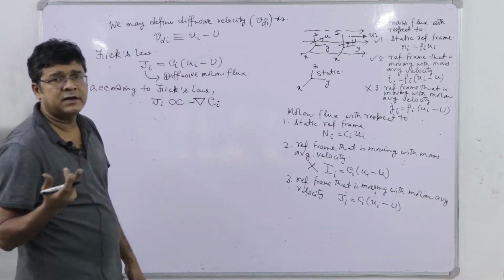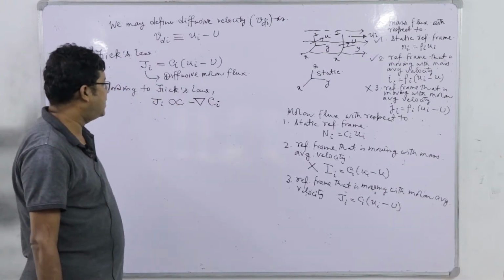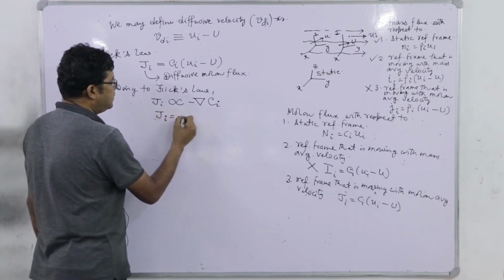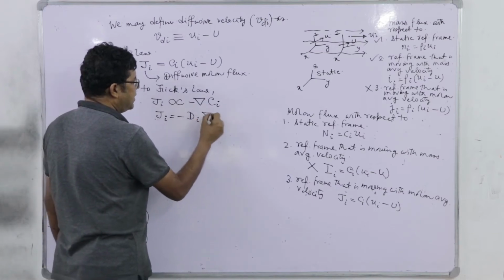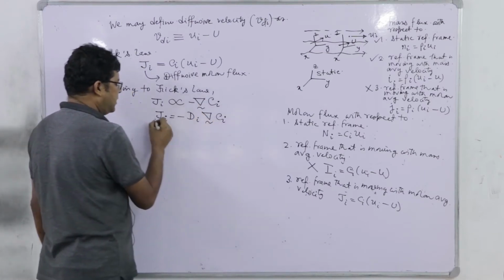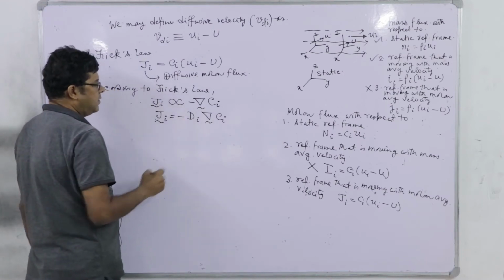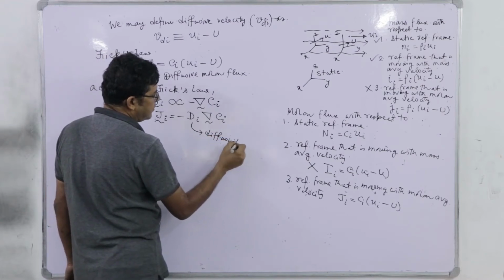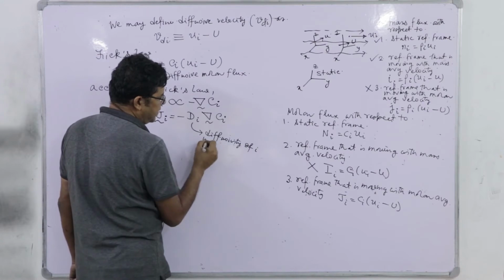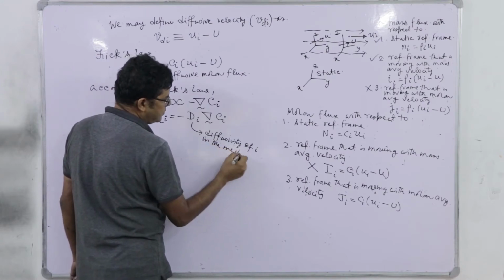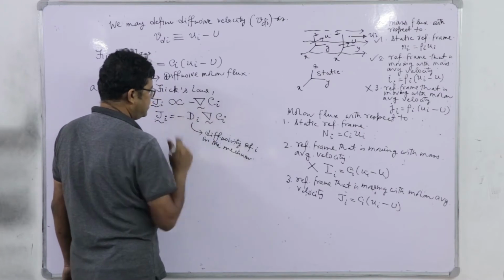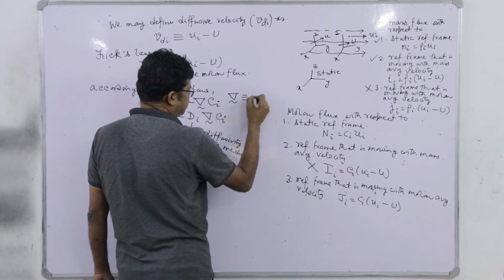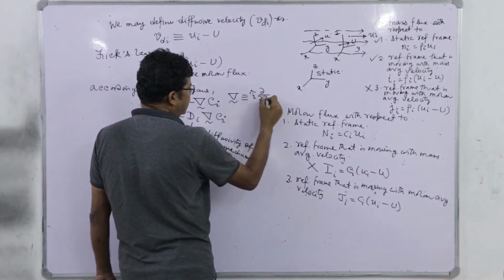It is the same logic we can apply in the case of Fourier's law or Newton's law of viscosity. So, Ji becomes minus Di grad Ci. Ji is also a vector, right. Di is the diffusivity of i in the medium, and the grad operator, as you all know, in Cartesian coordinates we can write like this.